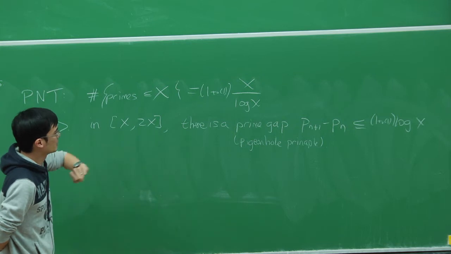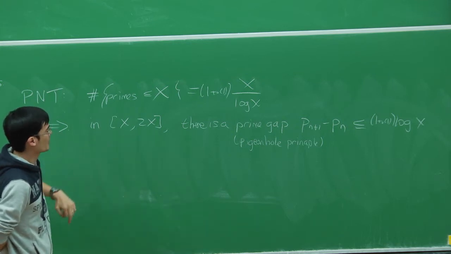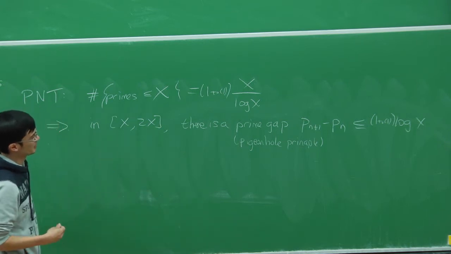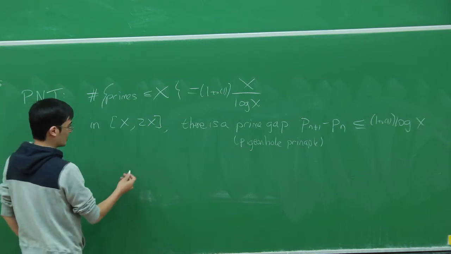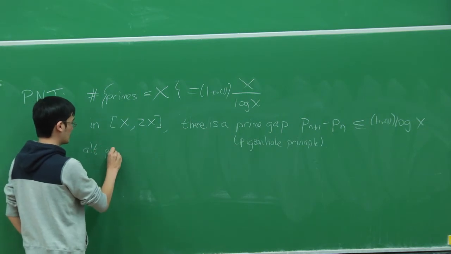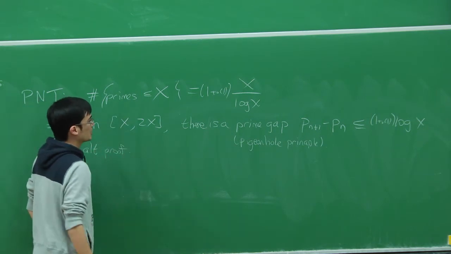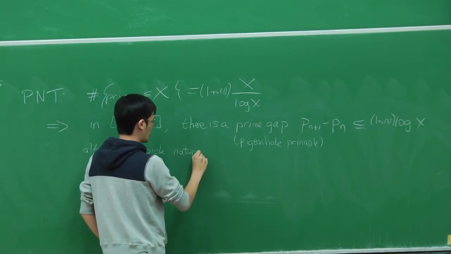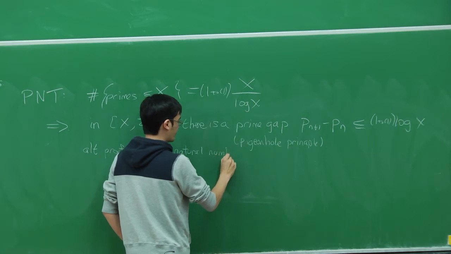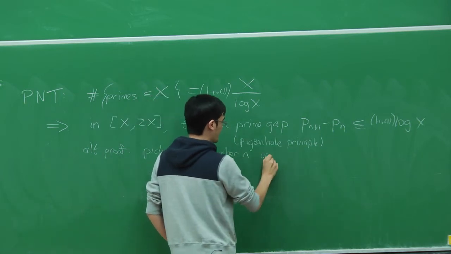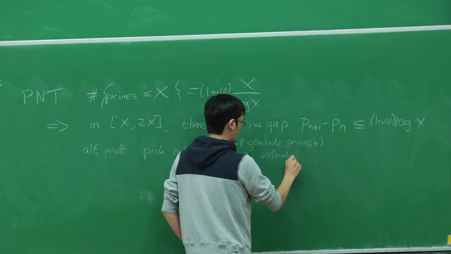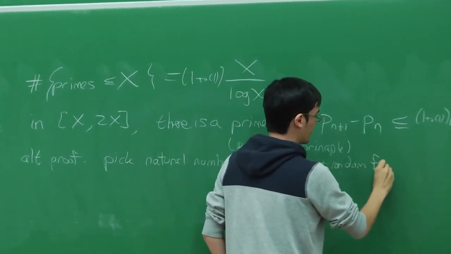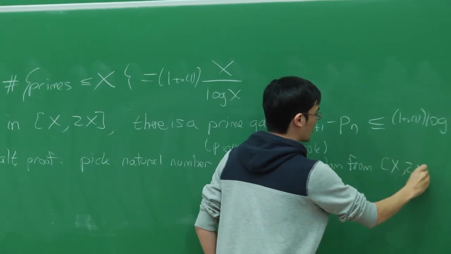Okay, so another way to explain why we have this prime gap is you can prove this probabilistically. Okay, so alternate proof. I just pick a natural number n uniformly at random from x to 2x.